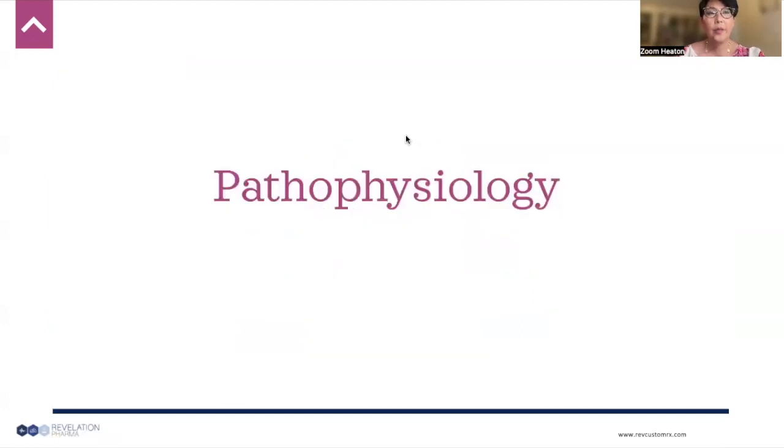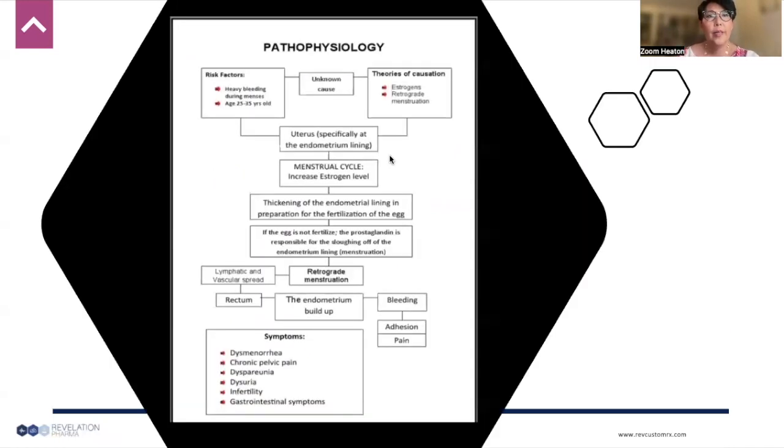Okay, so let's go over the pathophysiology. Endometriosis is not well understood, and it's probably multifactorial in origin. The most widely embraced theory involves retrograde menstruation, when endometrial cells travel to other areas of the body during menstruation.